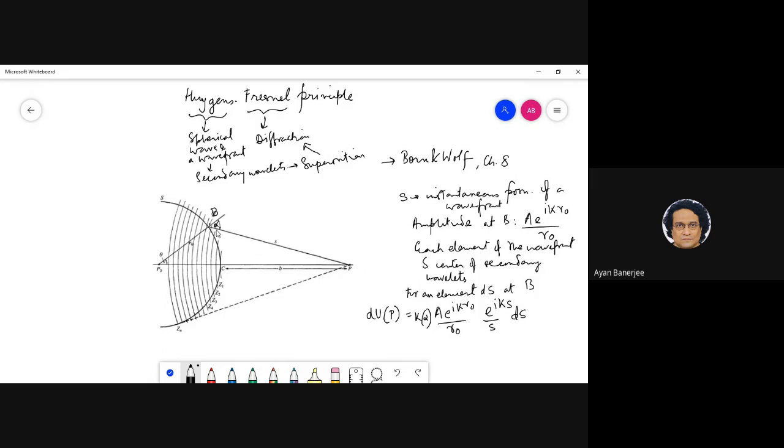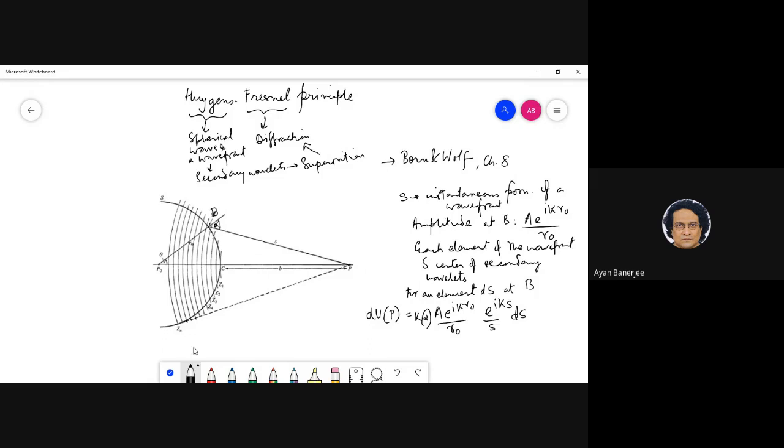Now, you can understand that this is radiating outwards, right? So obviously what this k alpha does is it describes the variation of the amplitude with respect to the location of the particular secondary wavelet, or that point on the wavefront which we are considering. Is that understandable?